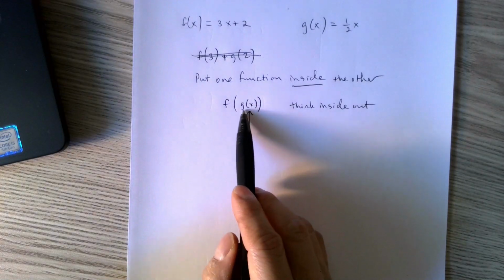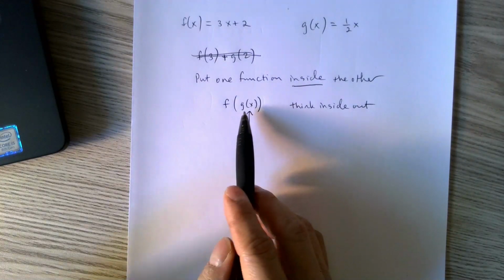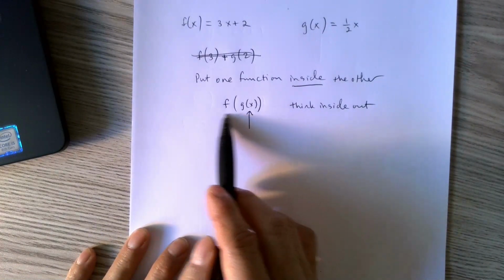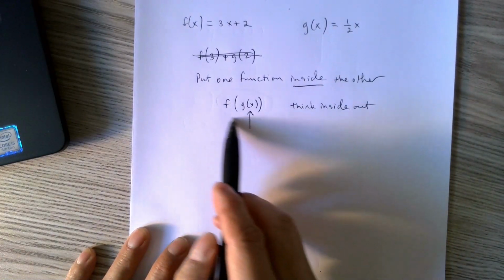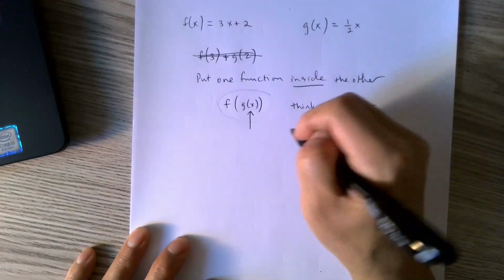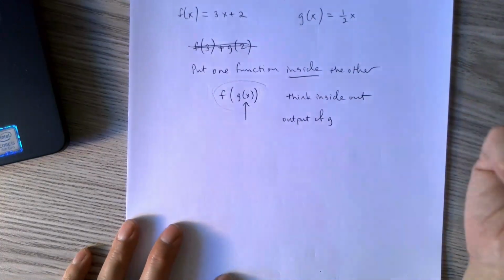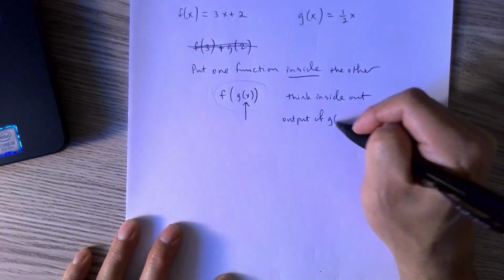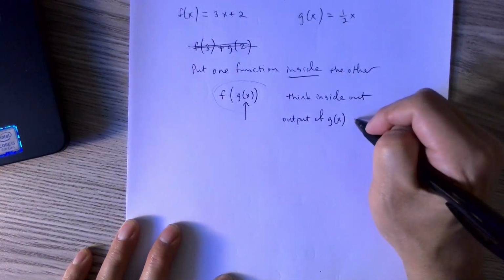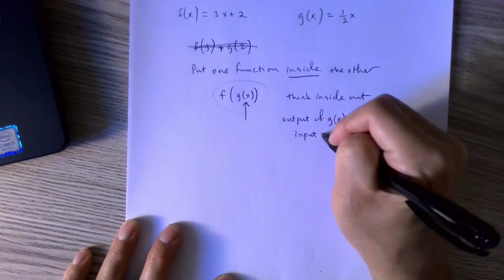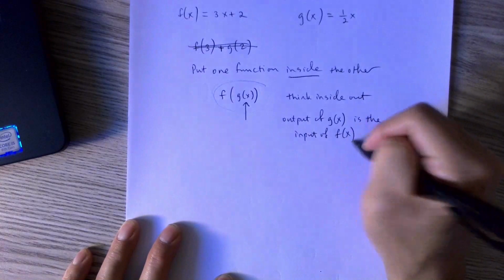But whatever I get when I evaluate g of x happens to be the input of the f of x function. So the output of g of x is the input of f of x.